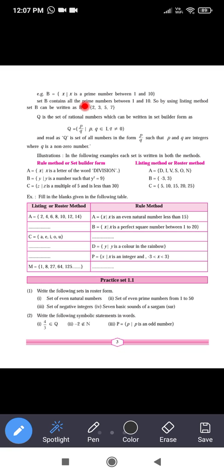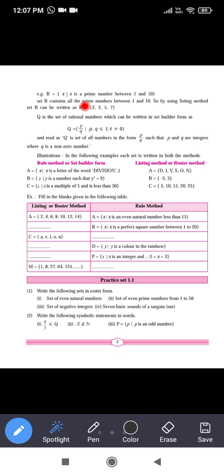A number that is divisible only by 1 and itself is called a prime number. For example, 2 is divisible by 1 as well as 2, and 3 is divisible by 1 and 3. So 2 and 3 are prime numbers. If you take 4, it is divided by 1, 2 and 4.